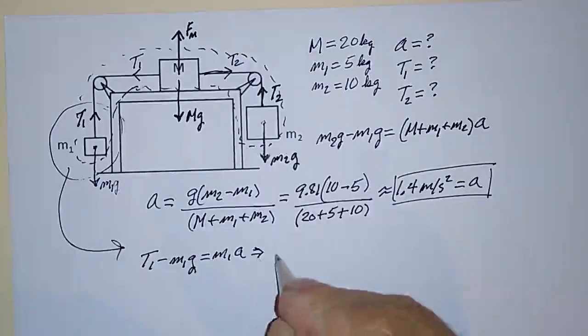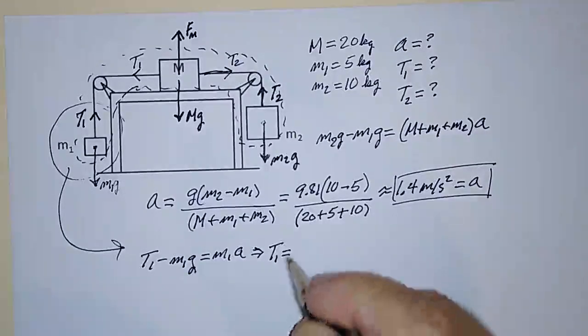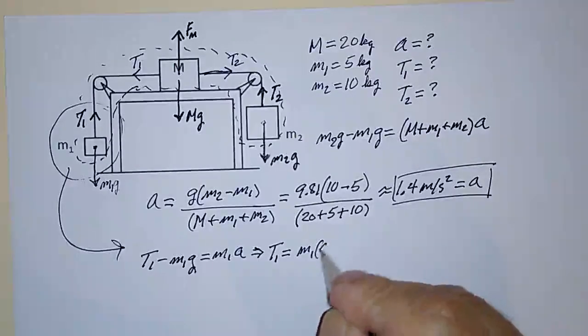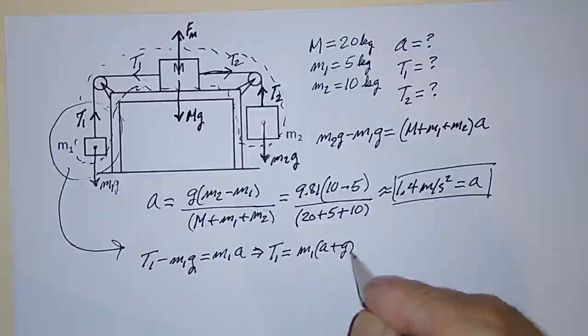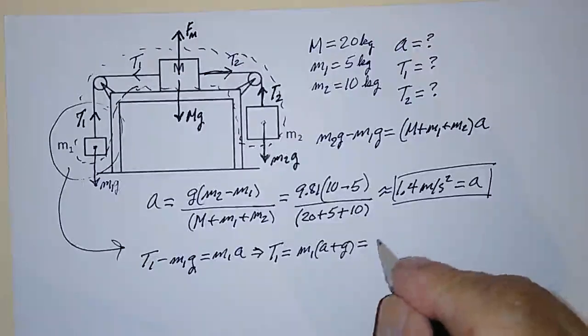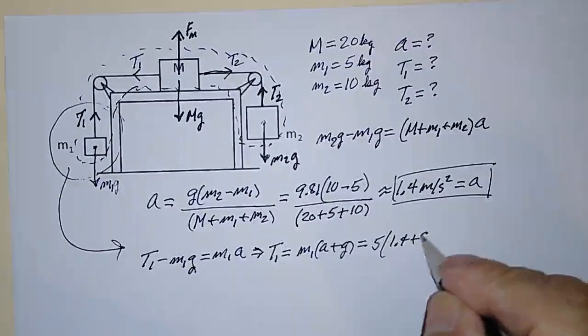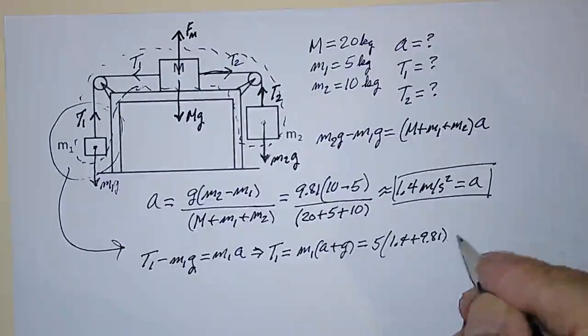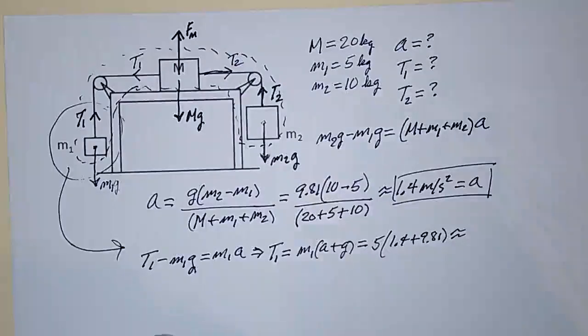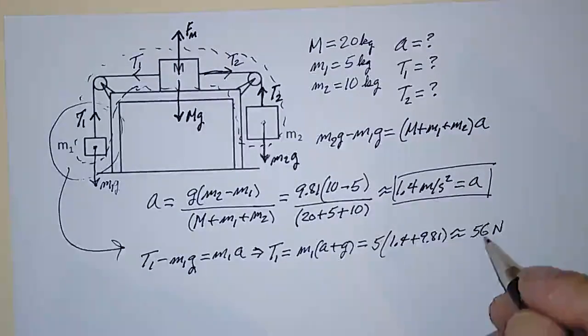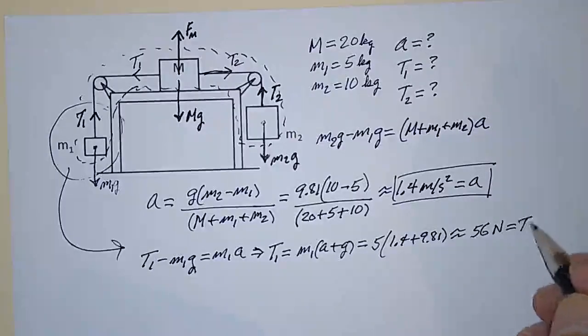That means T1 is equal to m1 times (a plus g), which is 5 times (1.4 plus 9.81), and that works out to approximately 56 newtons. That is T1.